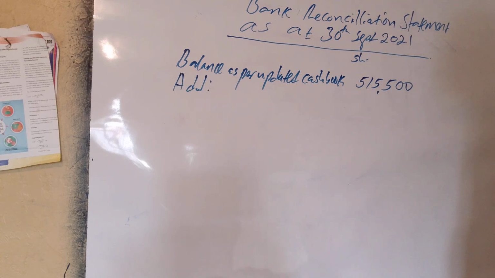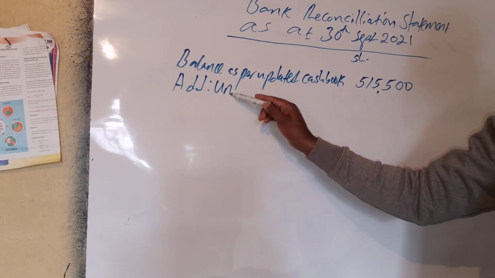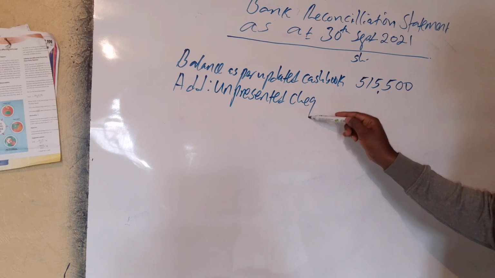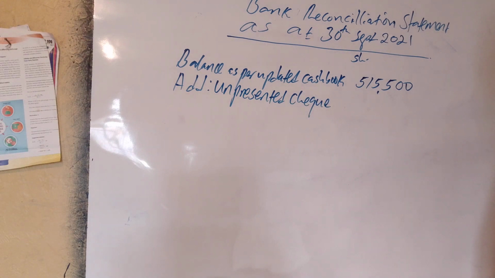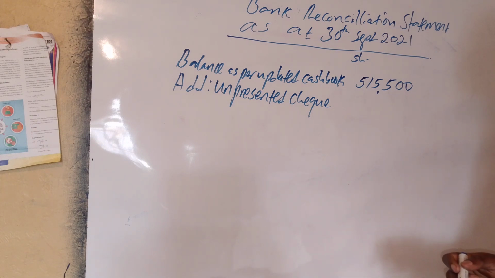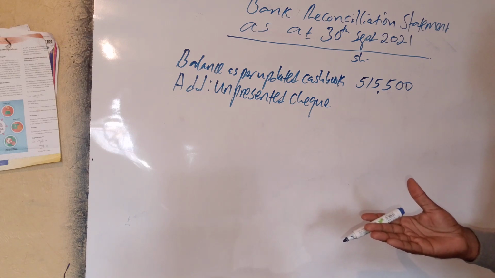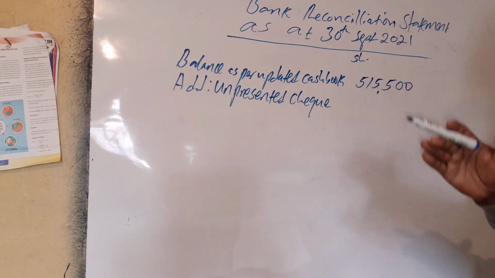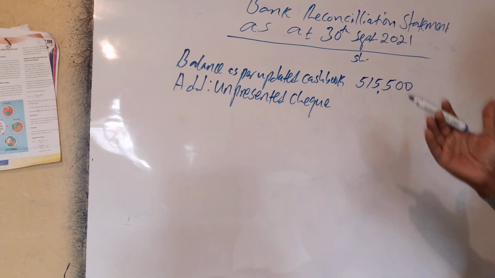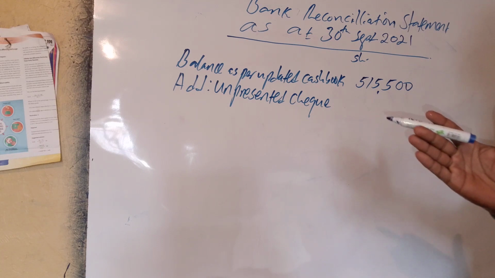We add unpresented check. The reason why we are adding the unpresented check is because previously we have recorded this check in our books of account. We have treated this check as payment, but since the one we are paying has not taken the check to the bank, the bank has not yet deducted the money from our account.